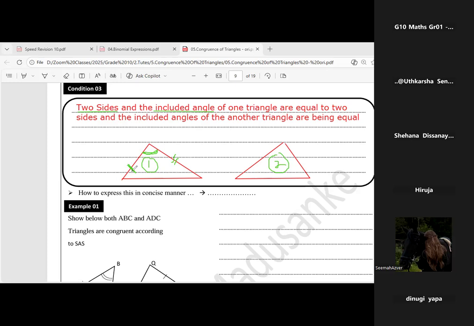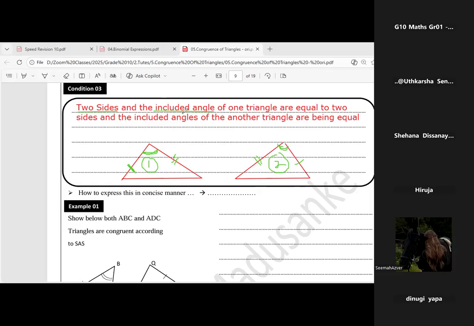So I will say this side equals this side of the triangle, and this side equals this side of the triangle as well, and then the included angle becomes this.